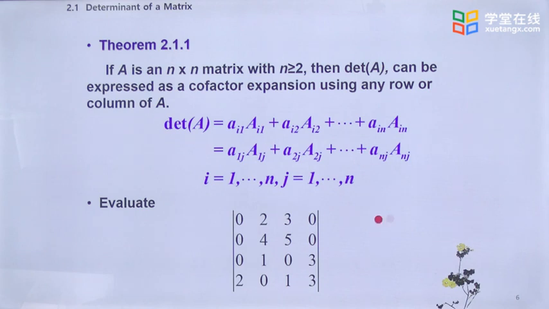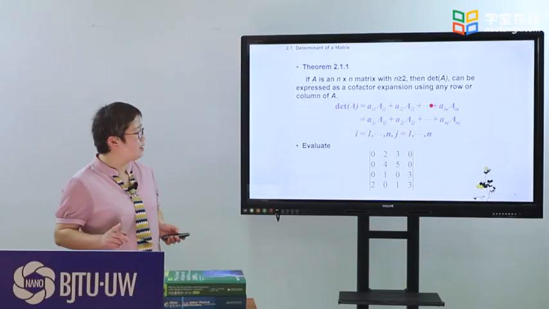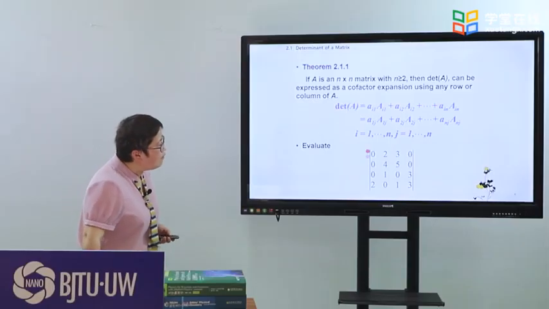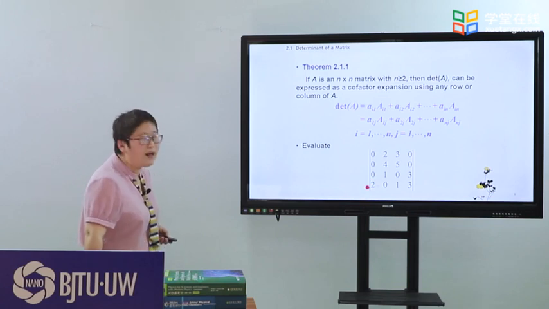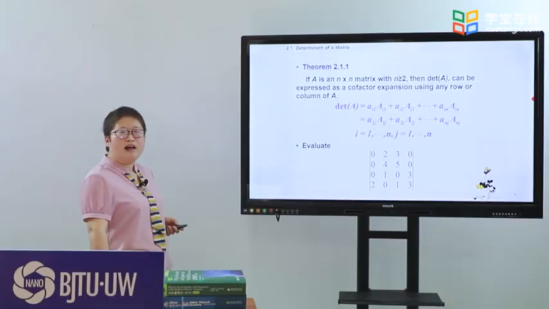Because the determinant of A can be obtained by using cofactor expansion along any row or any column, we should choose the row or the column which has the most zeros, right? Here you see for the first column, there are 3 zeros and only 1 non-zero. So of course, we will choose the first column to make this cofactor expansion.